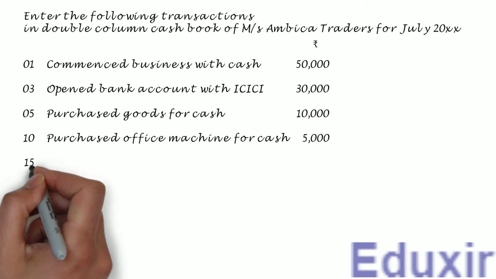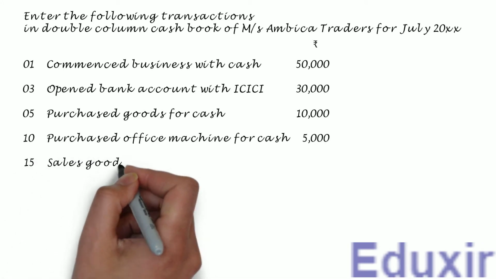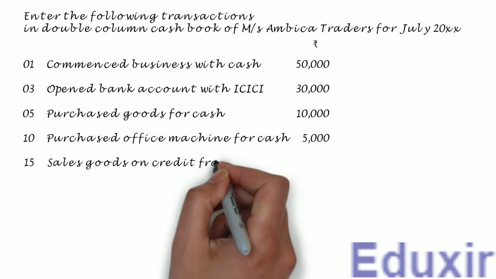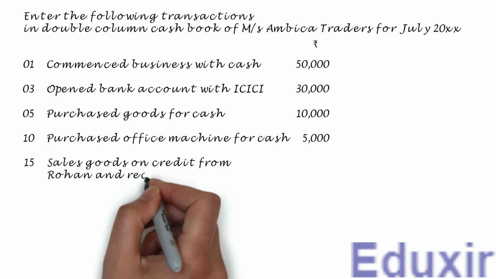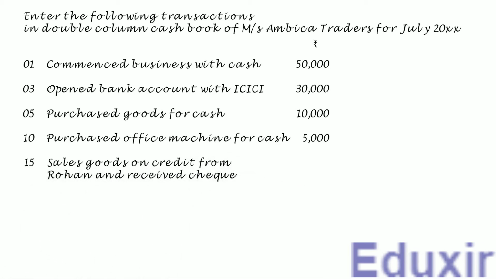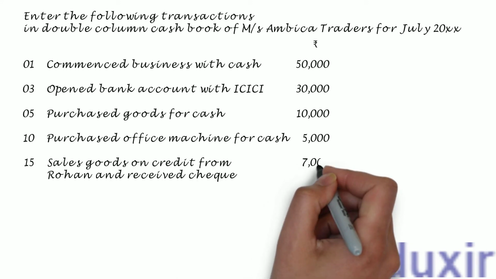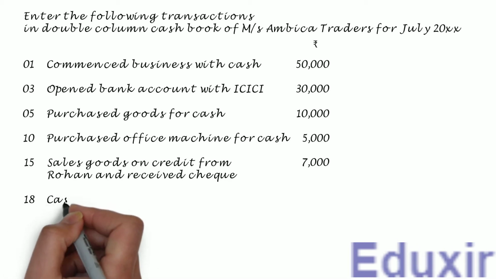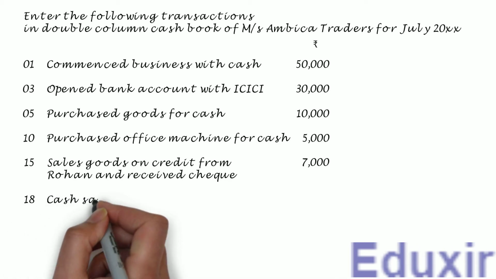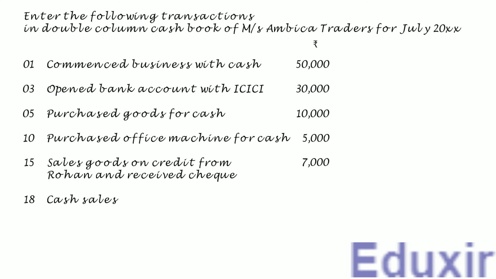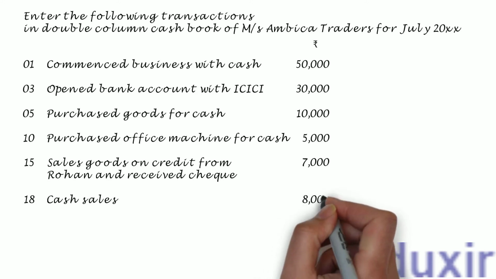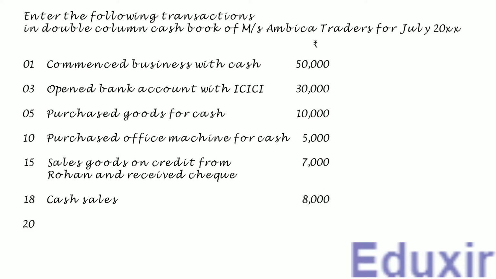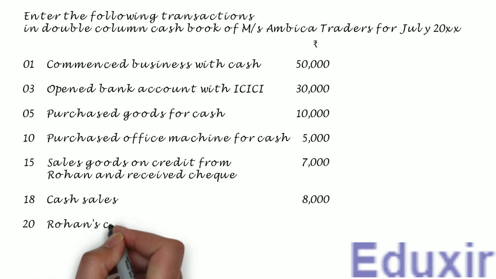On 15th July, sold goods on credit to Rohan and received check 7,000 rupees. On 18th July, cash sales 8,000 rupees. On 20th July, Rohan's check deposited into bank.